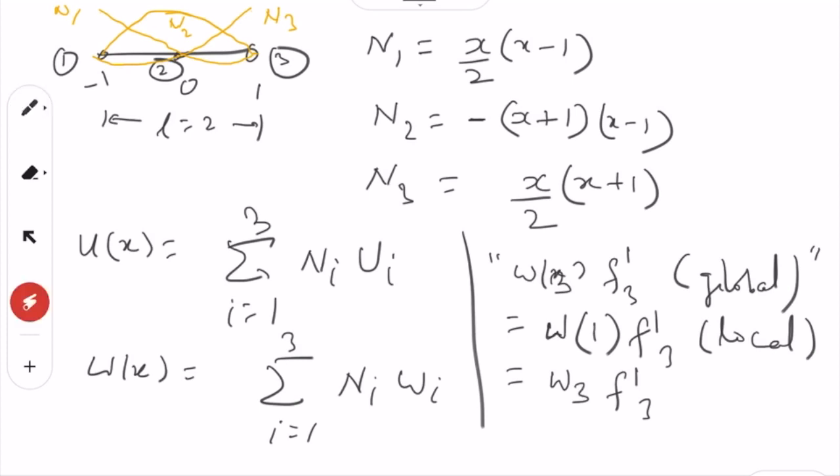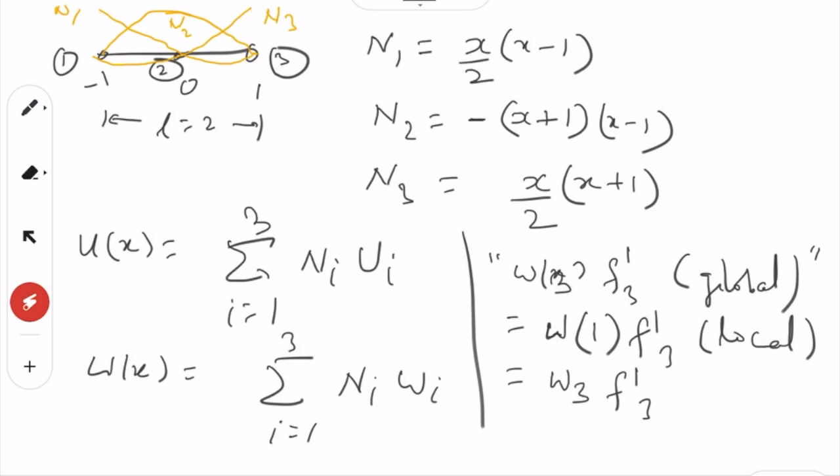Why W3? Because if you put it here, this becomes N1 W1 plus N2 W2 plus N3 W3.